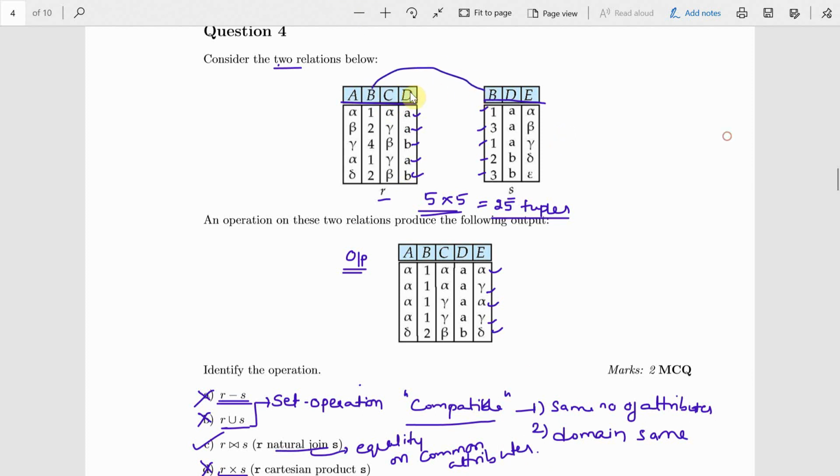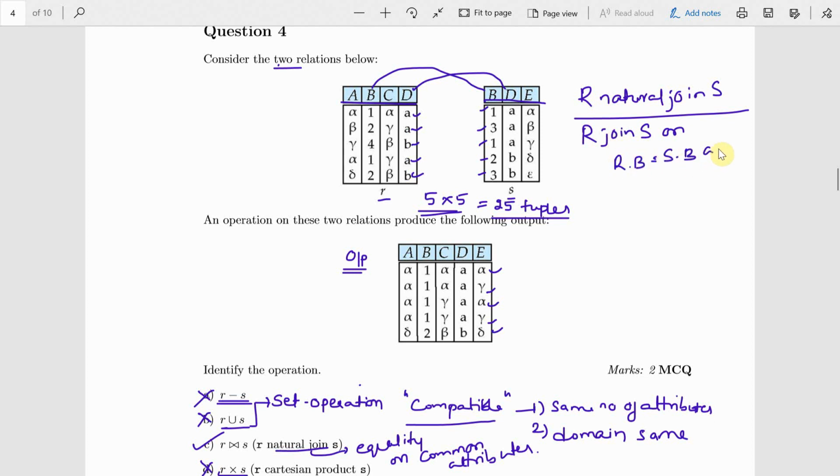B, and one more is D. So R natural join S means R is joined with S on common attributes. R.B equals S.B and R.D equals S.D. This condition is to be satisfied.